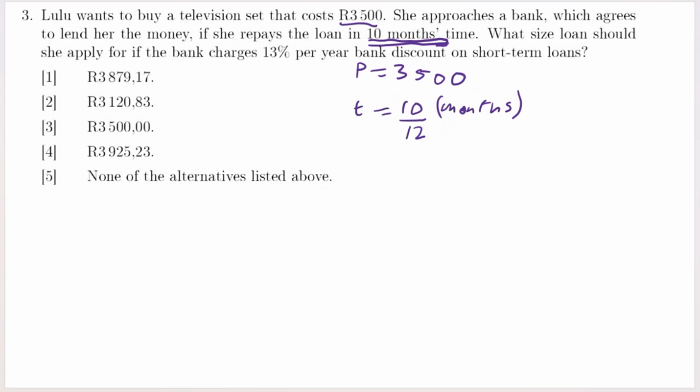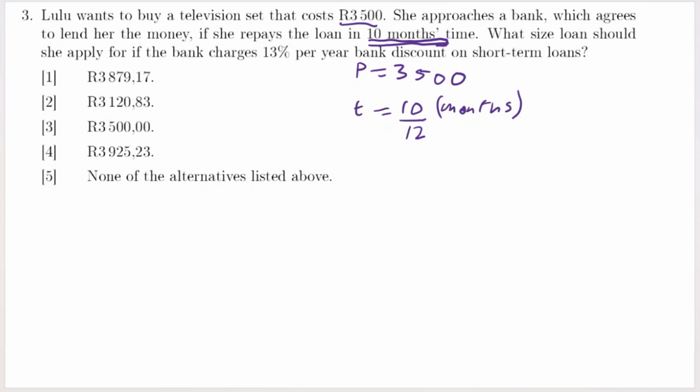And then what is the size of the loan should she apply? What size loan should she apply for if the bank charges 13%? Okay, so now the amount that she applies for, that means it's the amount that is going to be in the future.